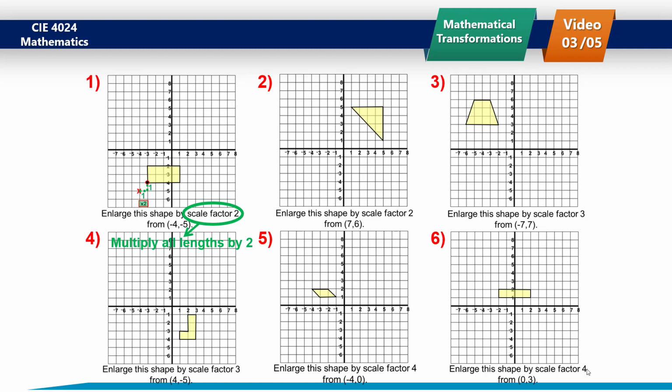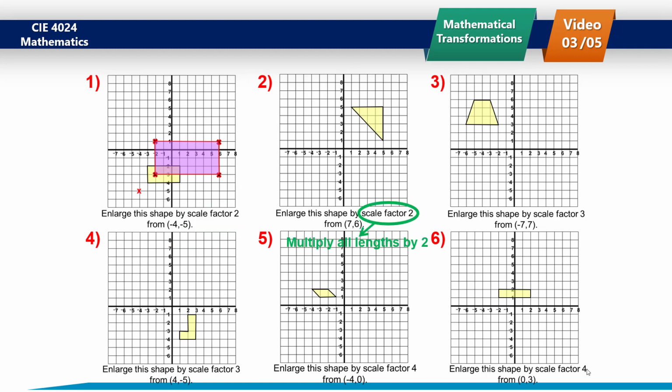So the scaled image should have double the distance, that means 2 units. Same with this, it's 5 and 1, so the new shape should be 10 and 2. So if I join these 4 points, I will have the scaled image.